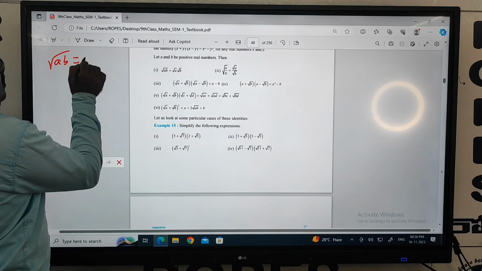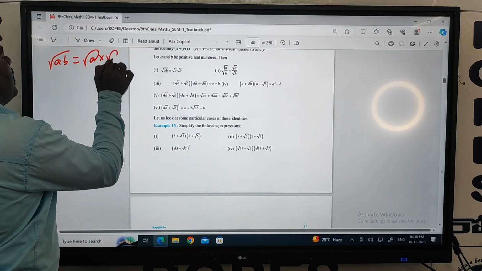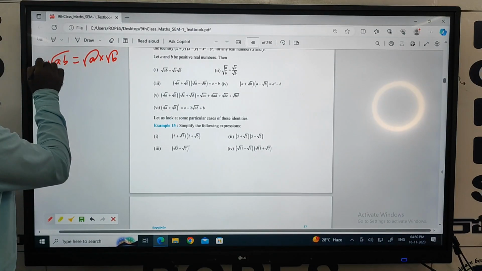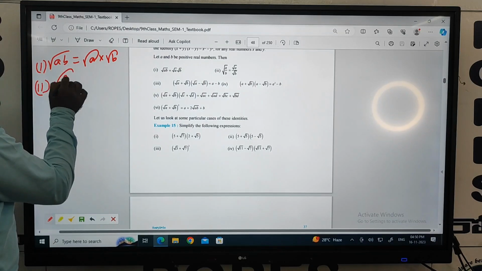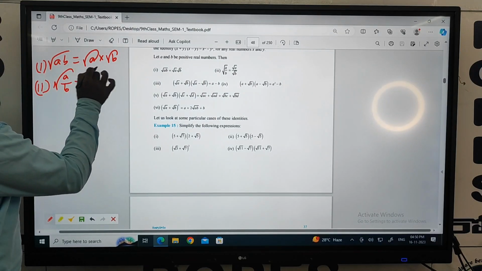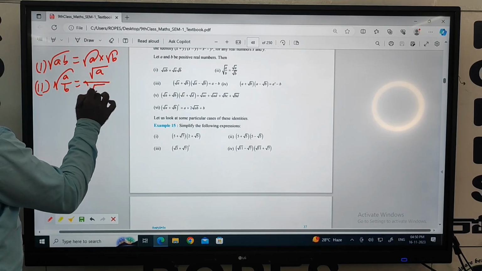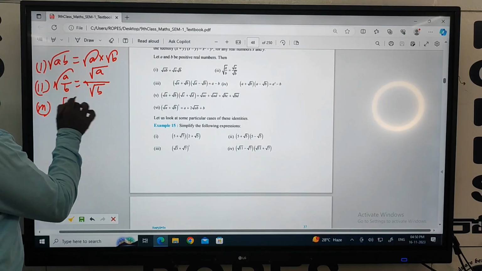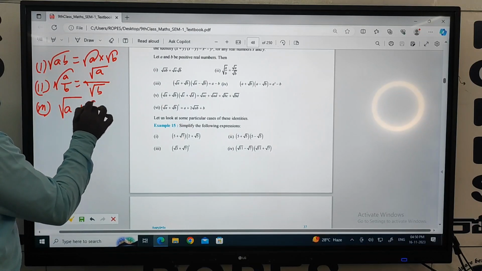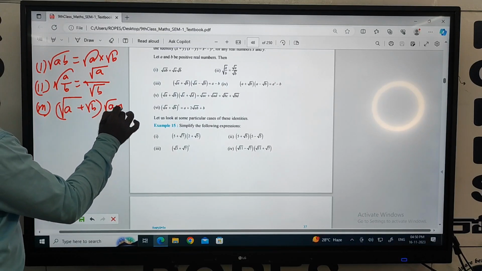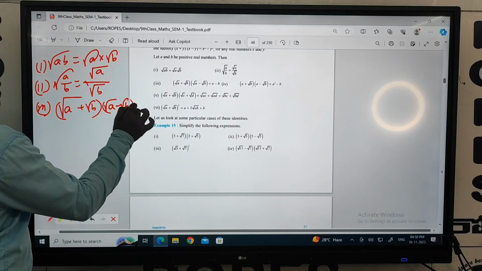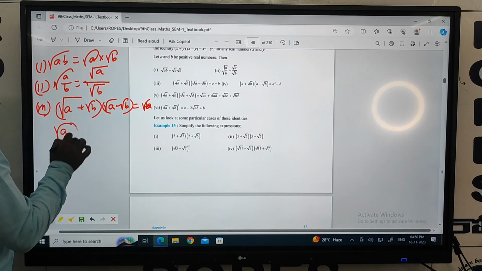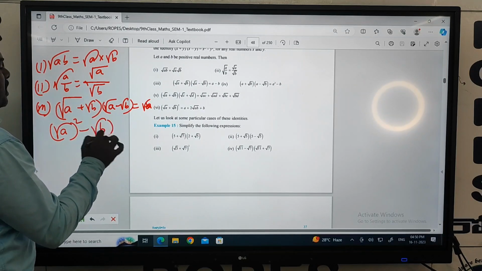Root AB is equal to root A into root B. Second, root of A by B is equal to root A divided by root B. Next, third formula: (root A plus root B) into (root A minus root B) is equal to root A square minus root B square.